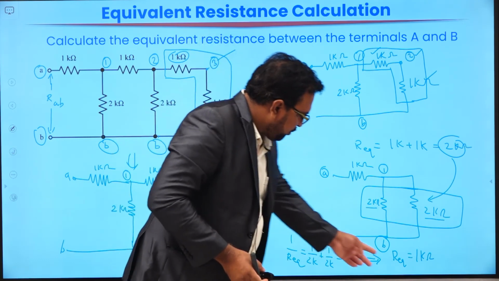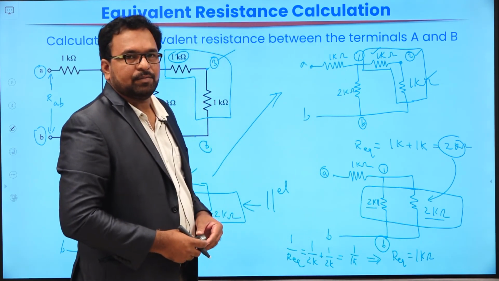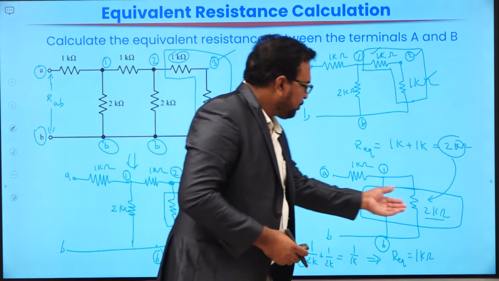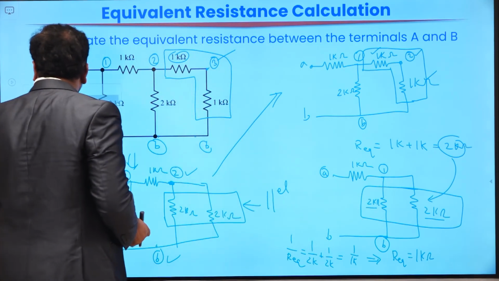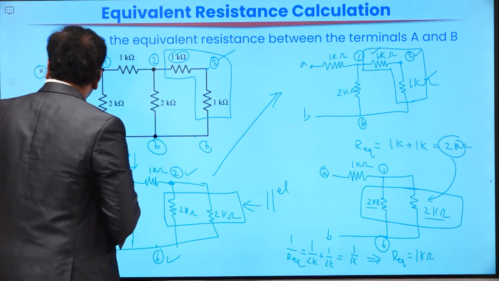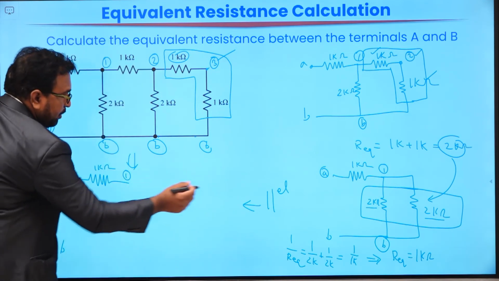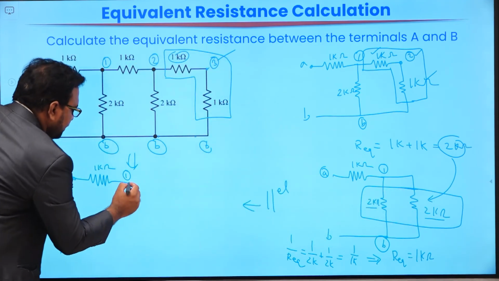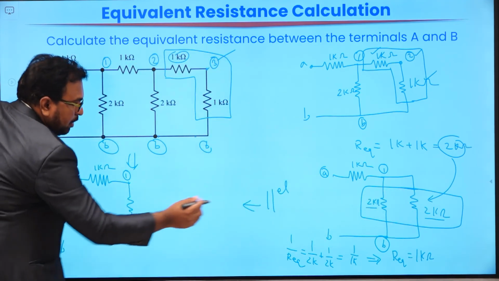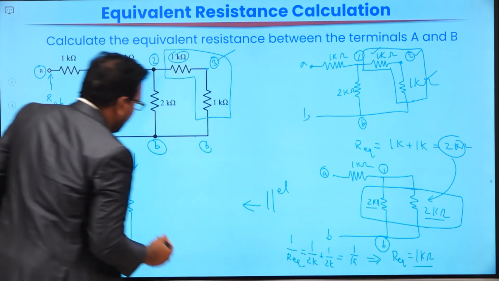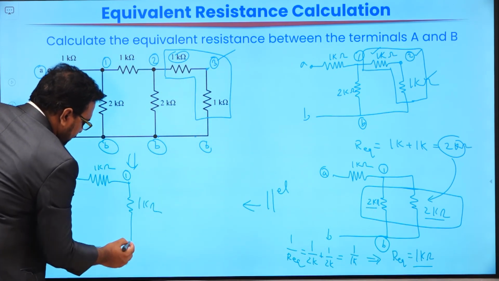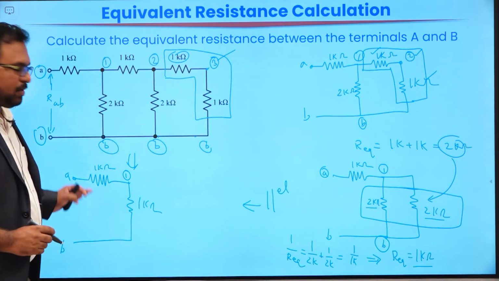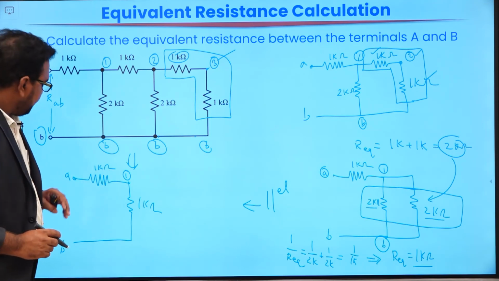And if you take the reciprocal, R equivalent will be 1 kilo ohm. Now you can remove these two resistors and replace with a single resistor. So in between this 1 and B, we are going to replace the two resistors with a single resistance. And what is its equivalent value? 1 kilo ohm. So this is the reduced circuit or equivalent circuit.